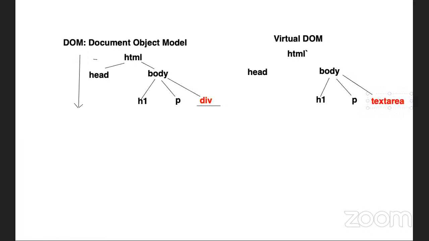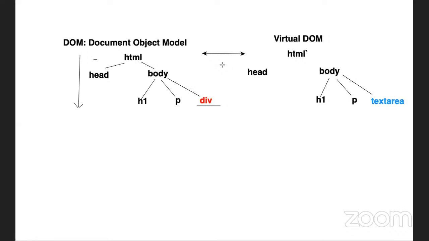Okay, we want to add a text area, we make it blue so that we understand it is from React. I want to add this. So in my library, I'm going to add a text area or create a functional component, and that component is going to compare itself with the real DOM. This is the real DOM on the left hand side, and the right hand side is the virtual DOM. So what is happening is there is a comparison happening between the two.